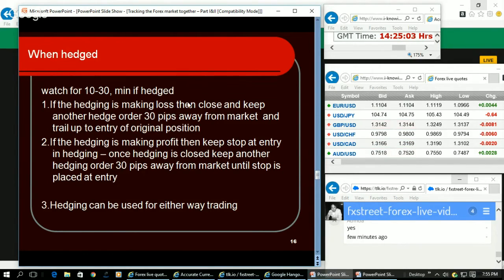But if the hedging facility is provided on the platform, we'll be in a position to hold a buy as well as a sell position. So in such a situation, what happens? We can use the buy position separately, as a trader who is doing the buy and sell trade. Similarly, the sell position we can trade separately, assuming that we do the sell and buy trade in the market separately.